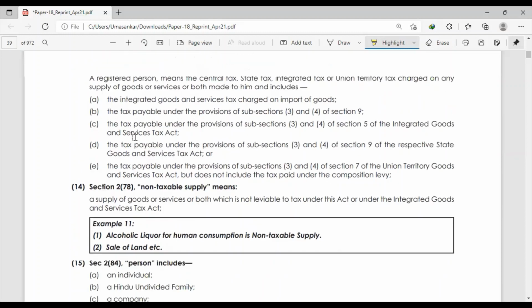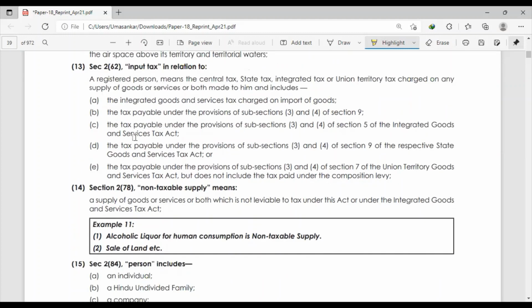Now, next definition, input tax. This we have already taken. When we do a supply, we pay GST to the supplier. That GST amount we take as input for paying our net tax liability. That's called input tax.